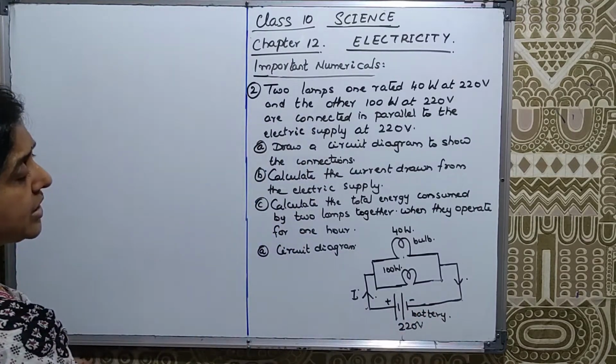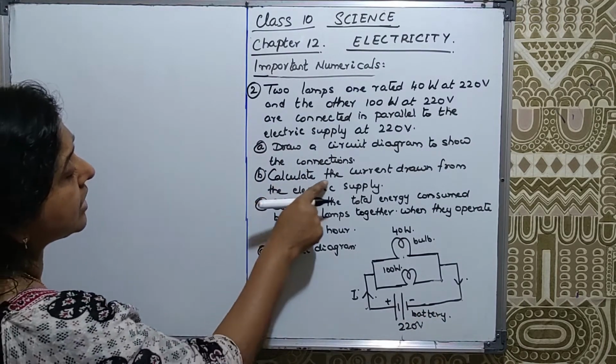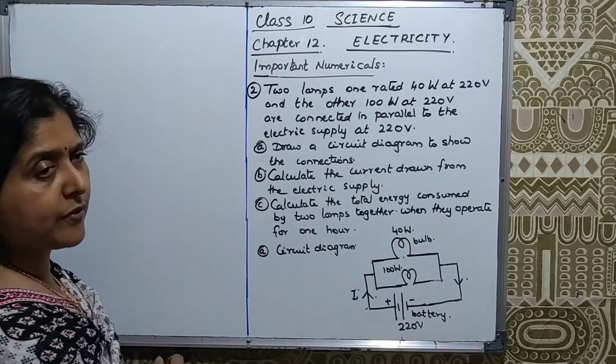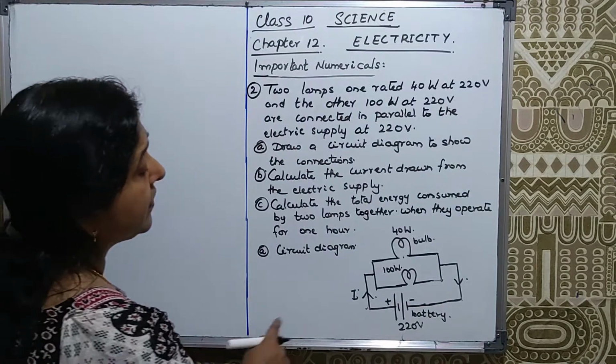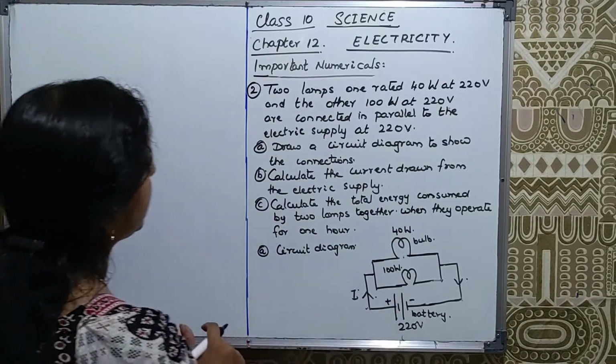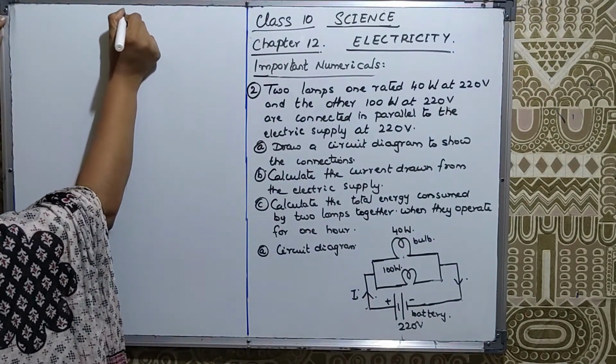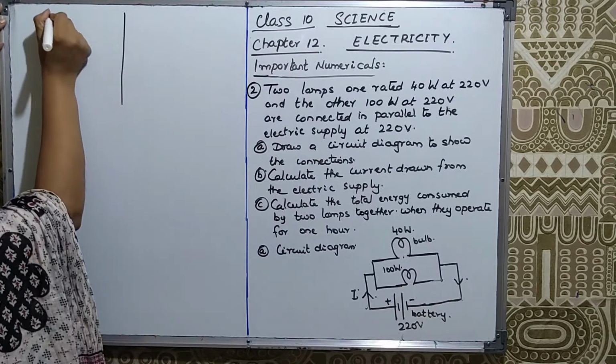Now calculate the total current drawn from the electric supply. For this, we'll take two cases, with powers P1 and P2, for bulb 1 and bulb 2.